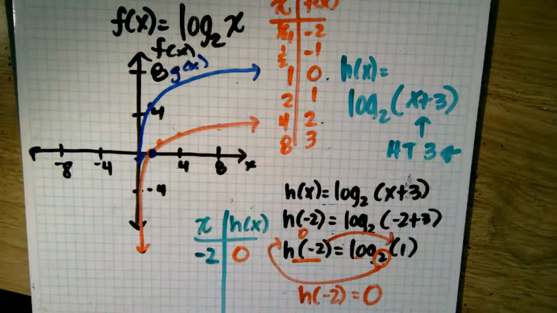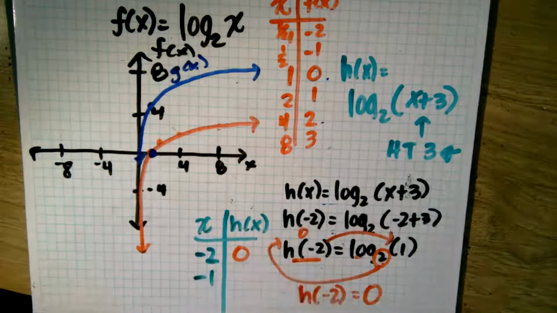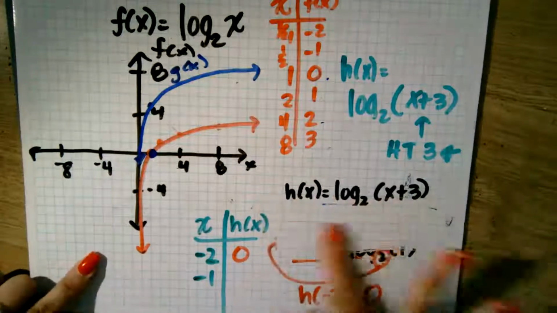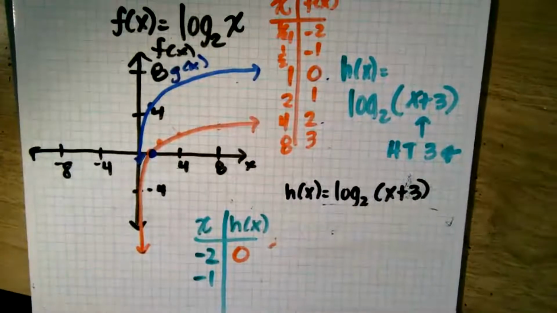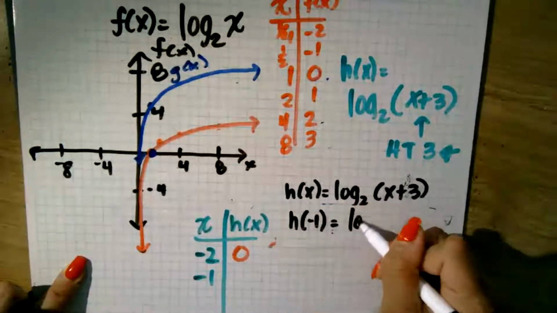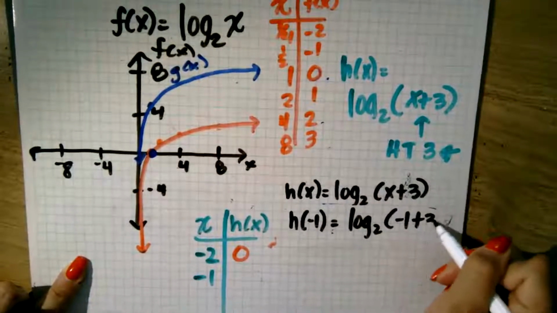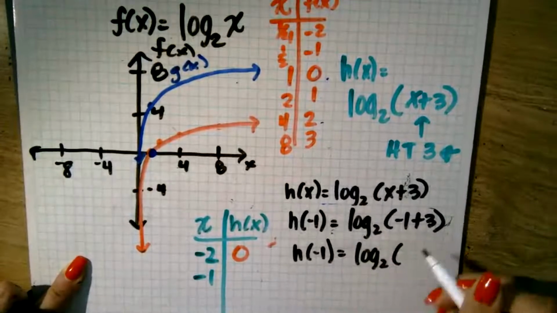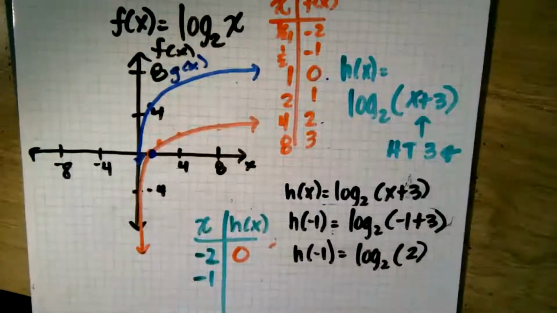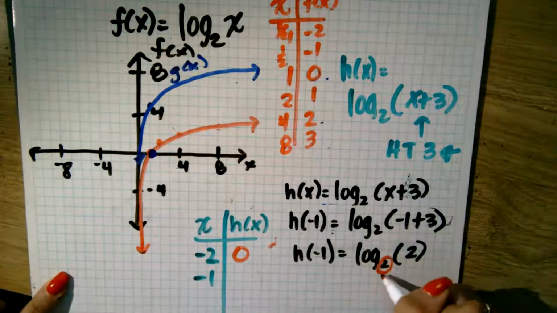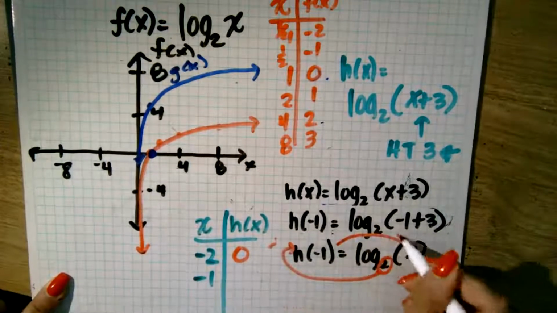Let's go ahead and look at -1. So I'm looking for h of -1. h of -1 equals log base 2 of -1 plus 3. h of -1 equals log base 2 of 2. Again, I use my exponential expertise: 2 to what power gives me 2?